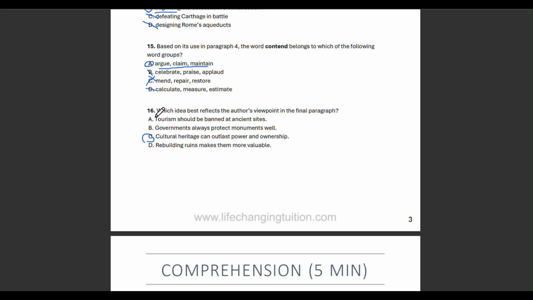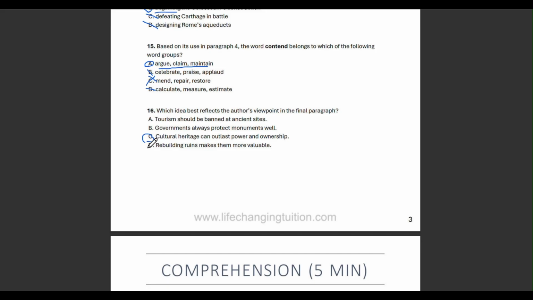Now let's look at question 16. The question says, which idea best reflects the author's viewpoint in the final paragraph? The choices are A, tourism should be banned at ancient sites, B, governments always protect monuments well, C, cultural heritage can outlast power and ownership, and D, rebuilding ruins makes them more valuable.